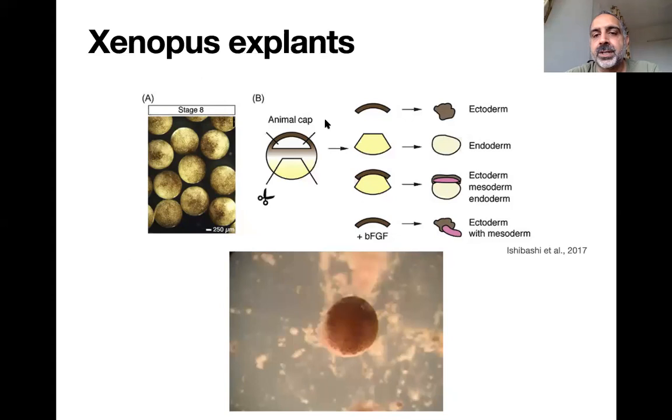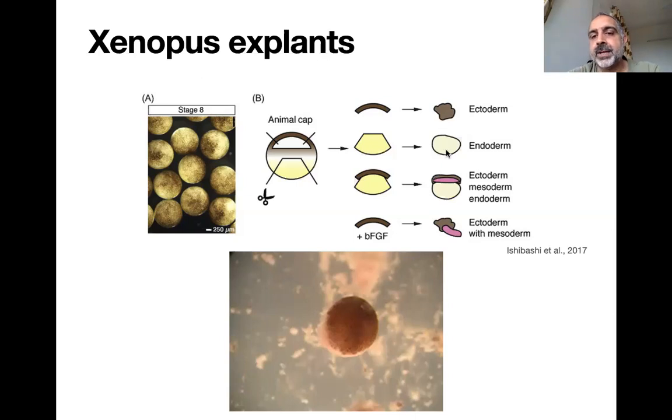When you culture the top, it will form ectoderm, basically epidermis. The epidermis is ciliated, and these little pieces of ectoderm move around. The bottom will form endoderm, which will be yolky and will eventually form gut tissue. These can be cultured by themselves in a simple salt solution.